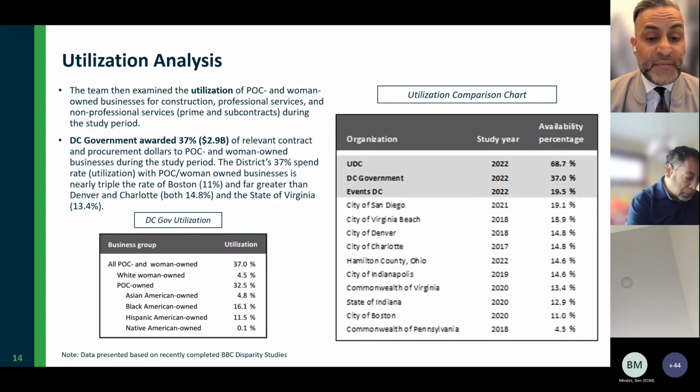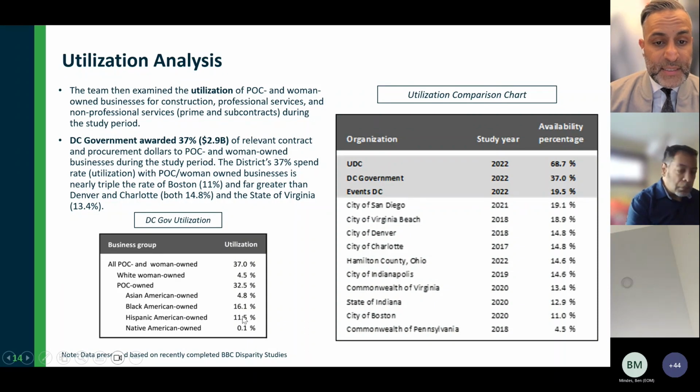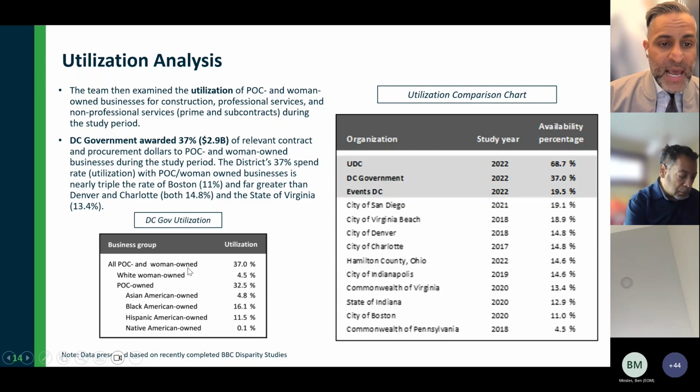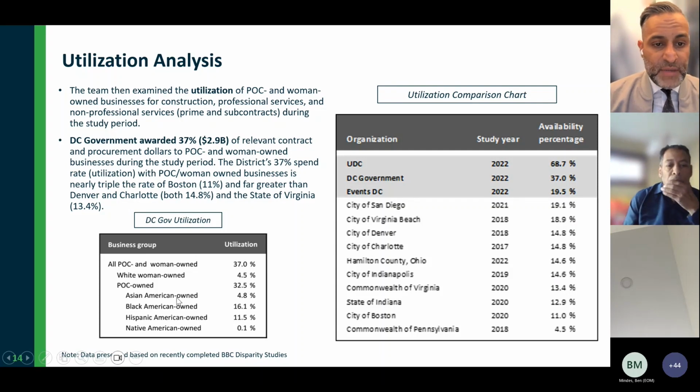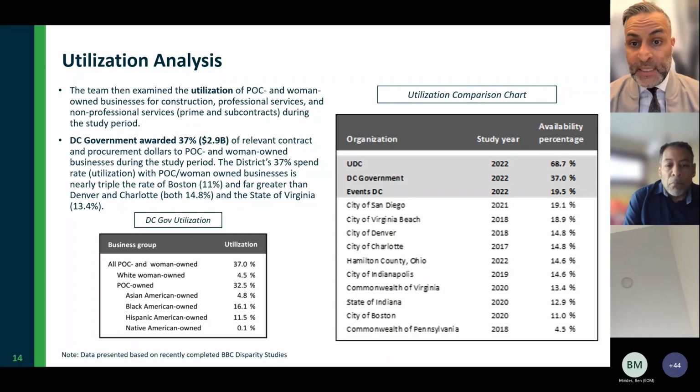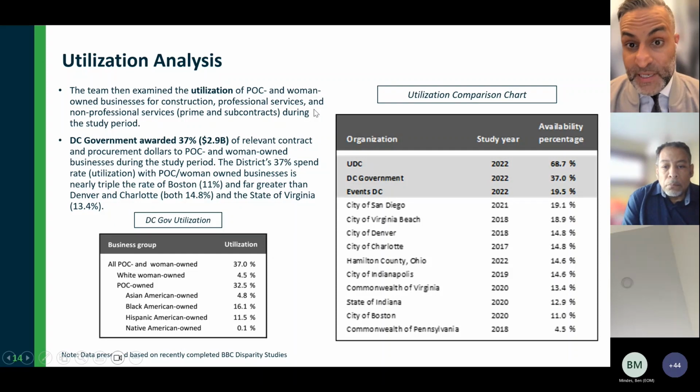So of that 37% figure, 16% went to Black American-owned businesses, another 11.5% went to Hispanic American-owned businesses, and then about 5% went to Asian American-owned businesses and white woman-owned businesses as well. And just like availability, utilization or participation is relatively high for DC government compared to some other organizations we've worked with.